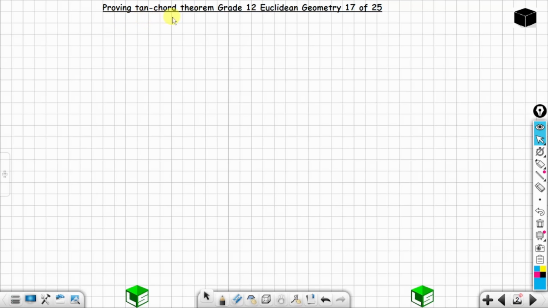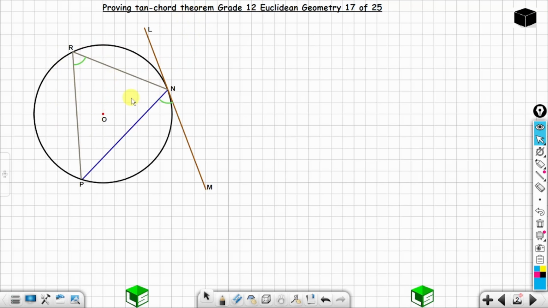Proving the tangent-chord theorem. Okay, this is Euclidean Geometry, part 17 of 25. We are going to prove the tangent-chord theorem. You are given this.